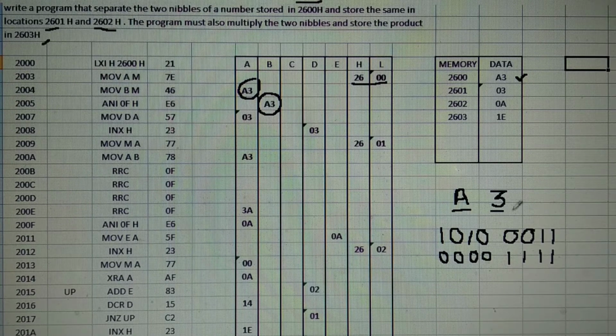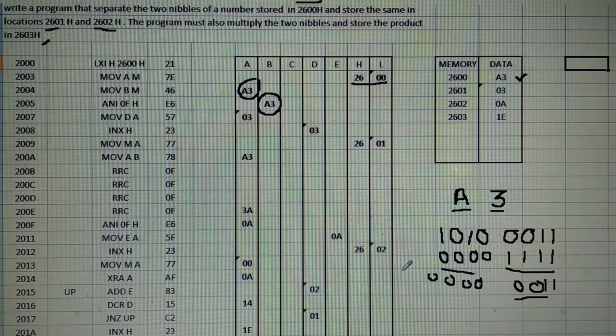As you perform the AND operation with the number 0F, the bits 1111 get as they are, that means you will get 0 0 0 0 for the upper part and the lower part as it is, that means 03.